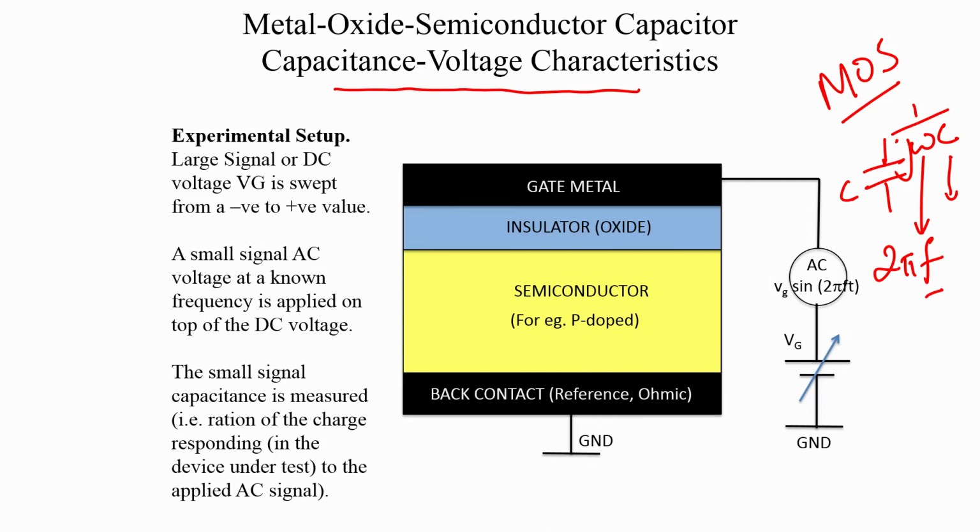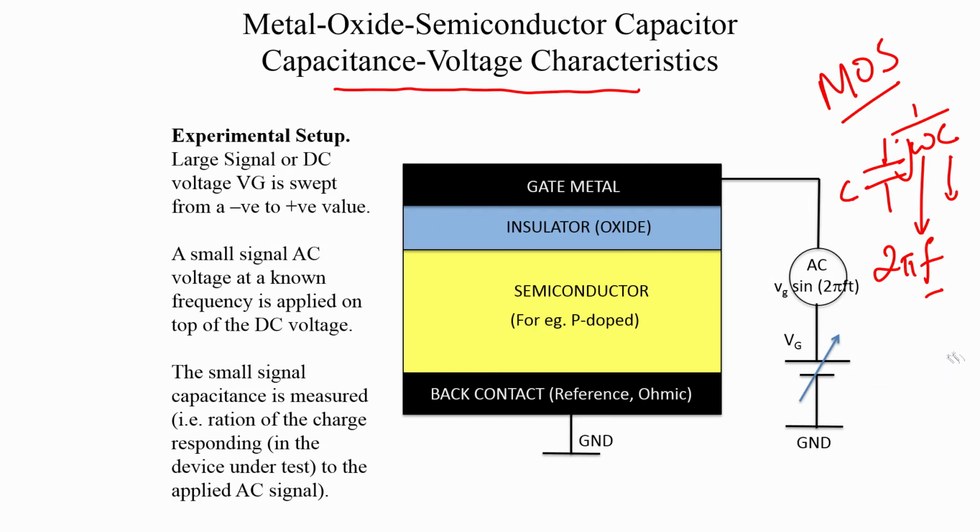If you apply a sinusoidal, time varying voltage, only a time varying voltage is going to create a current in the capacitor, and that current is V divided by this impedance, which is the applied voltage times j omega C. By measuring this current, and knowing the voltage and the frequency, you can extract the capacitance.